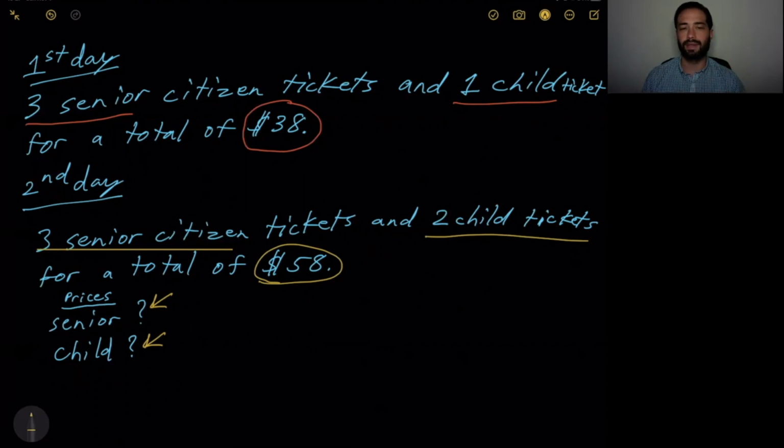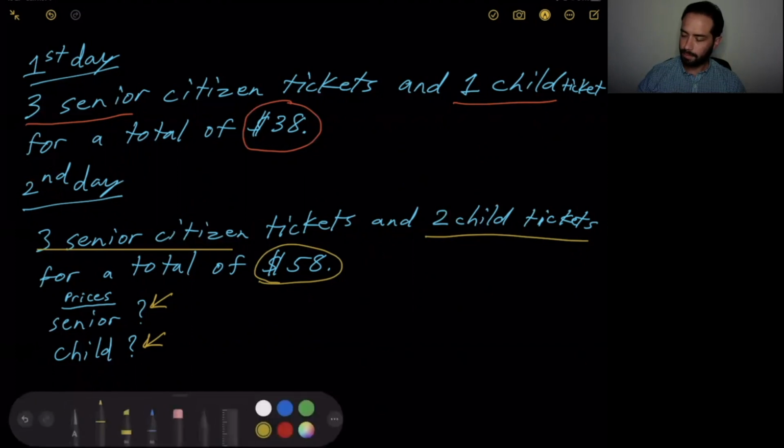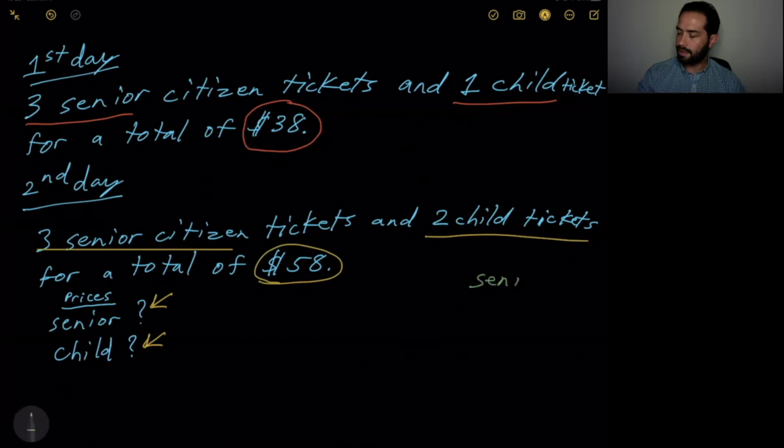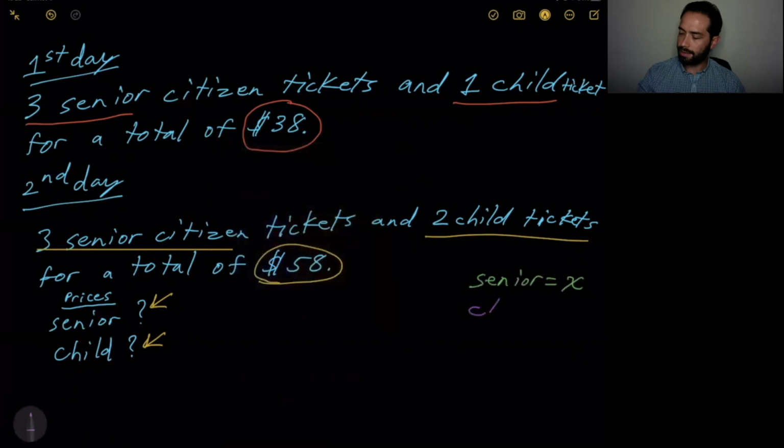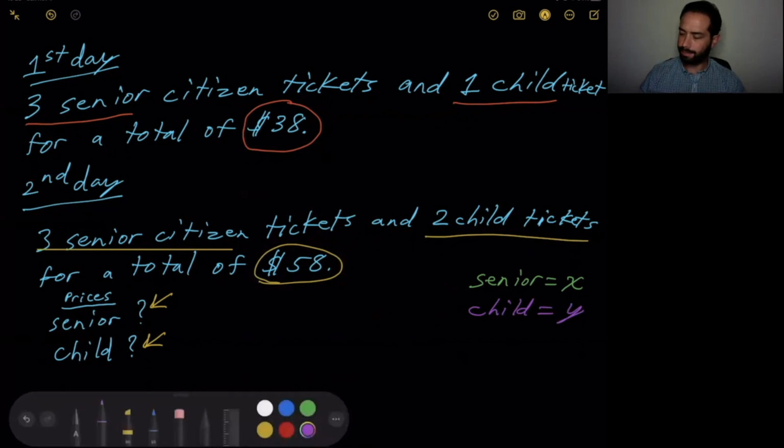Okay, so here's what we're going to do. Off to the side here, we are going to say that senior equals X, and child equals Y. Okay, so let's make our equations.